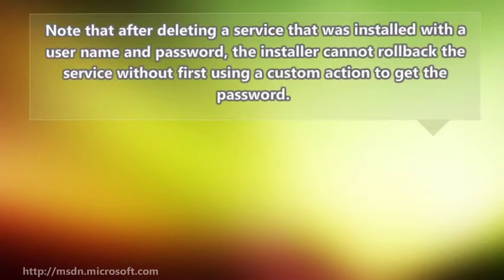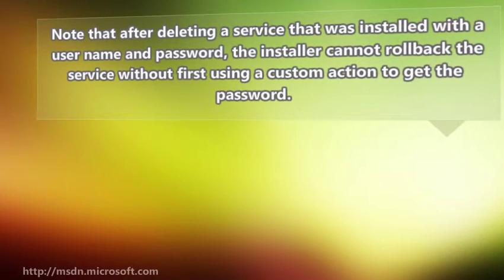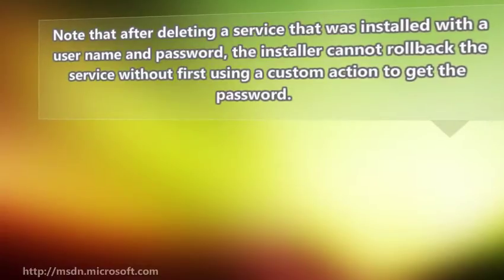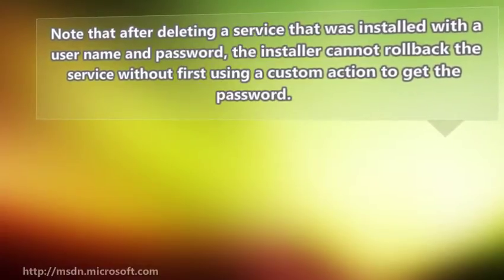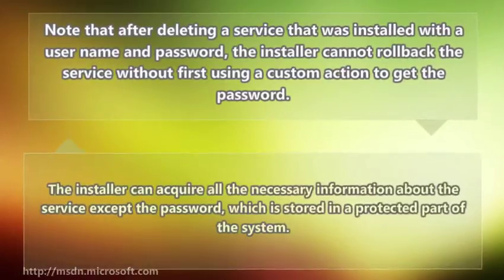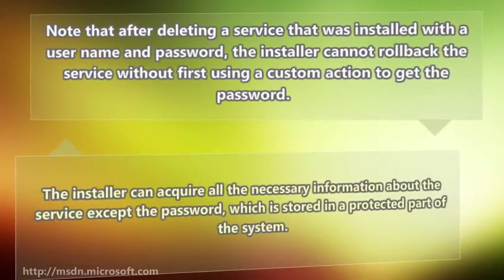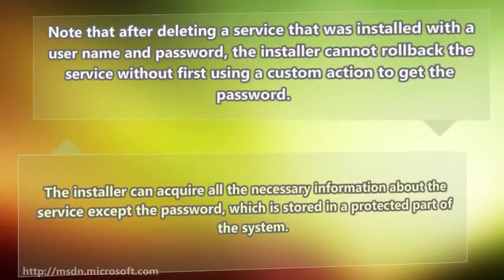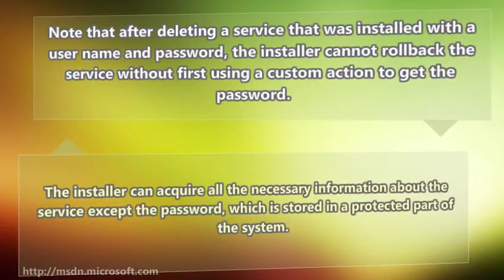Note that after deleting a service that was installed with a username and password, the installer cannot roll back the service without first using a custom action to get the password. The installer can acquire all the necessary information about the service except the password, which is stored in a protected part of the system.